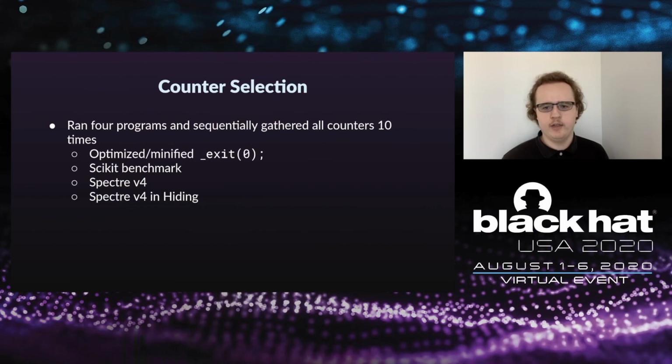We have a scikit benchmark, which was known from prior research just to be something that had a very high cache miss ratio, so it sort of looks like Spectre. We had the Spectre proof of concept itself, and then we had our modified Spectre proof of concept with our cache-friendly code mixed in.